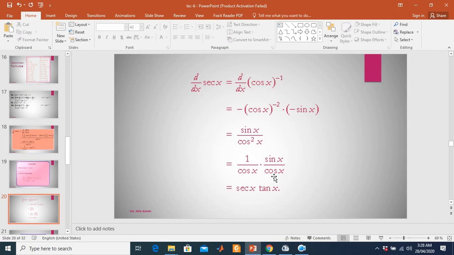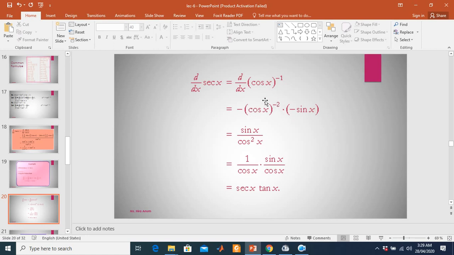Derivative of secant x. Secant is 1 over cos x. When we take cos x up into the numerator, the power becomes minus. So d over dx of cos x to the power minus 1. Minus 1 multiplied here, minus 1 times cos x to the power minus 1, minus 1 becomes minus 2.